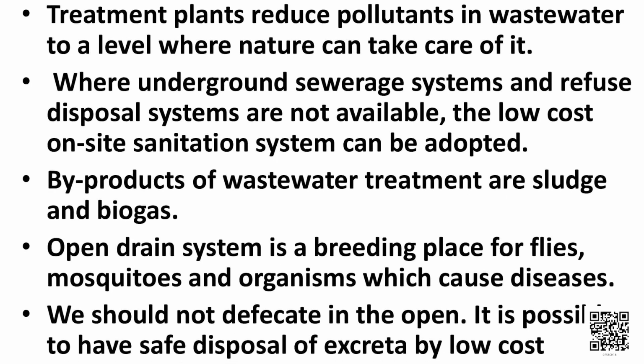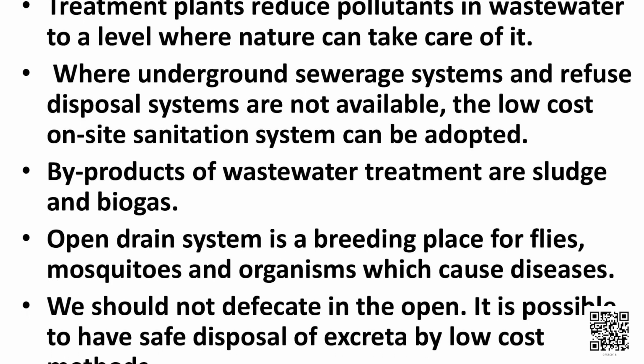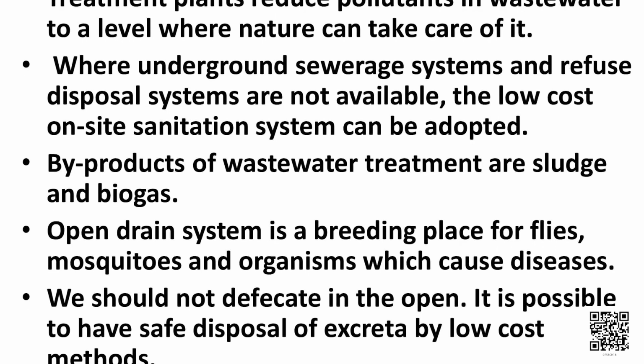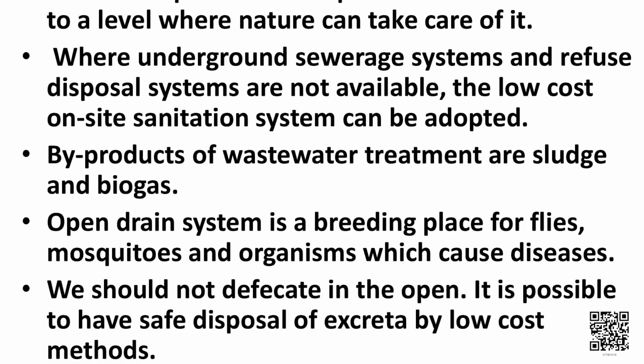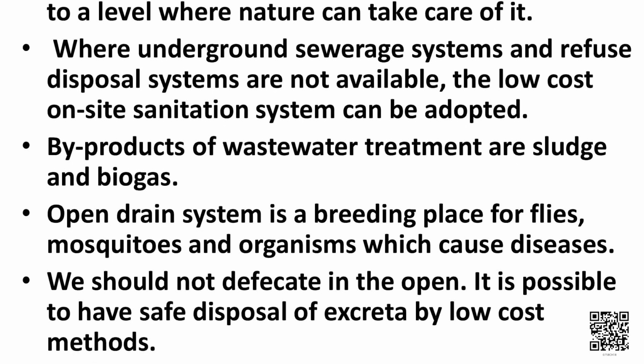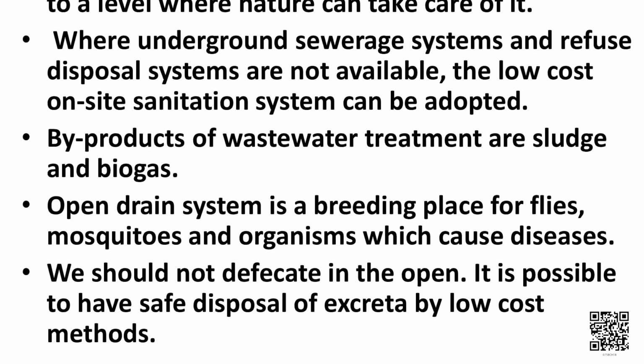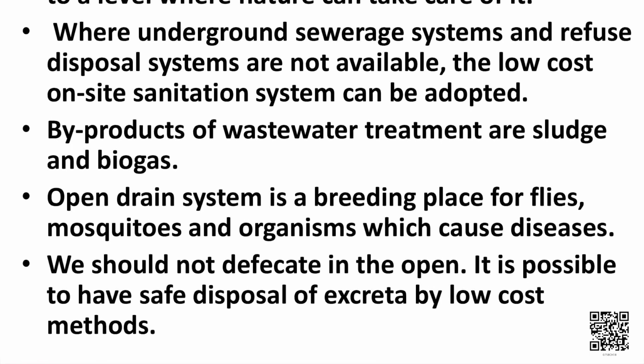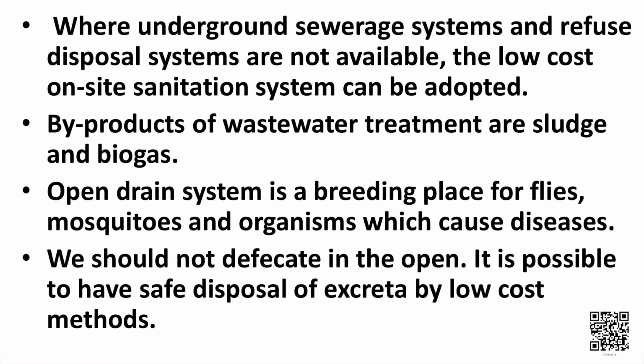We have also learned about the open drain system, which is a breeding place for flies, mosquitoes and organisms which cause diseases. Also, we got to know that we should not defecate in the open, and it is possible to have safe disposal of excreta by low-cost methods. So students, it's time to perform some exercises based on this chapter. So let us perform these questions.